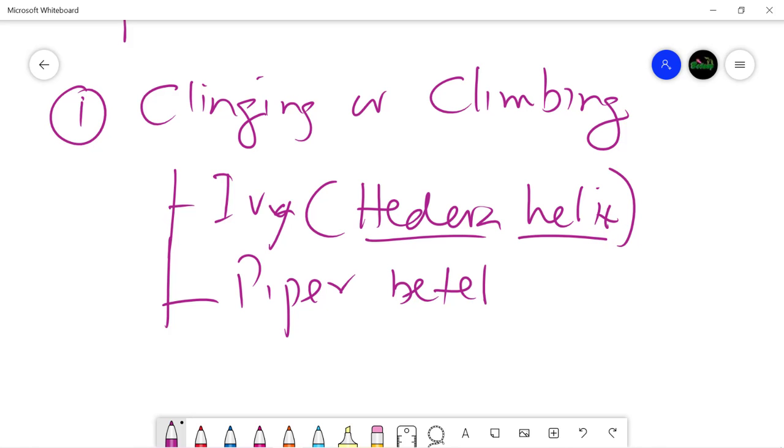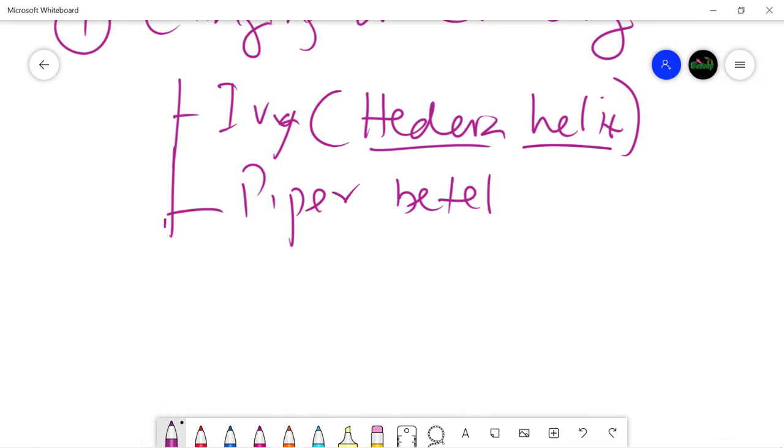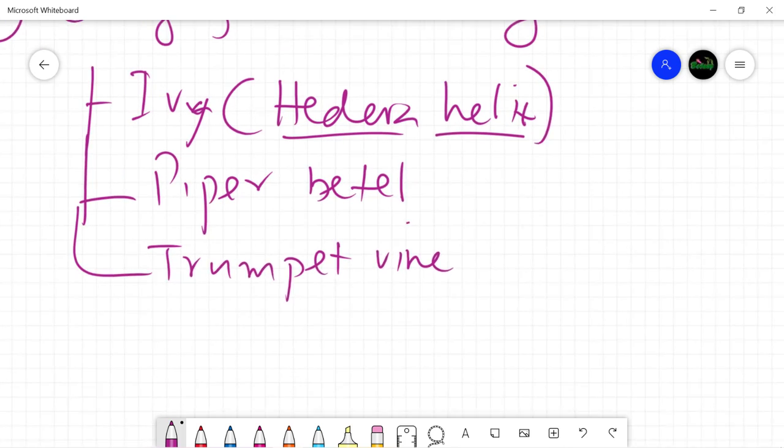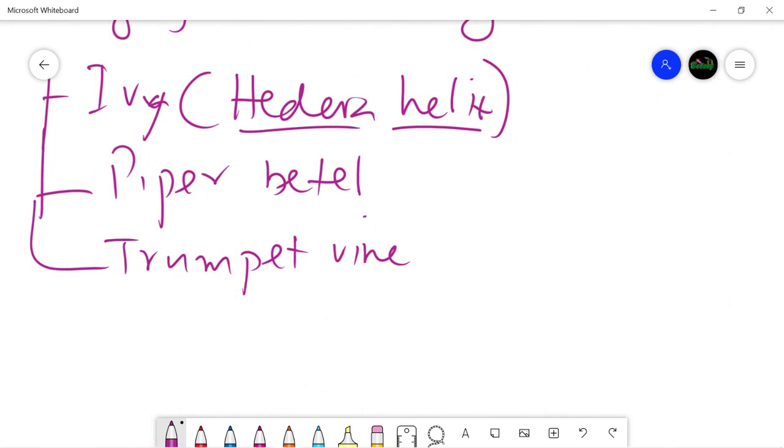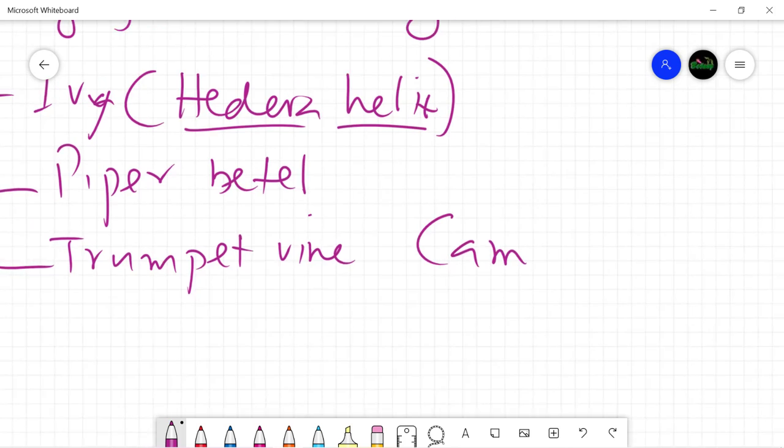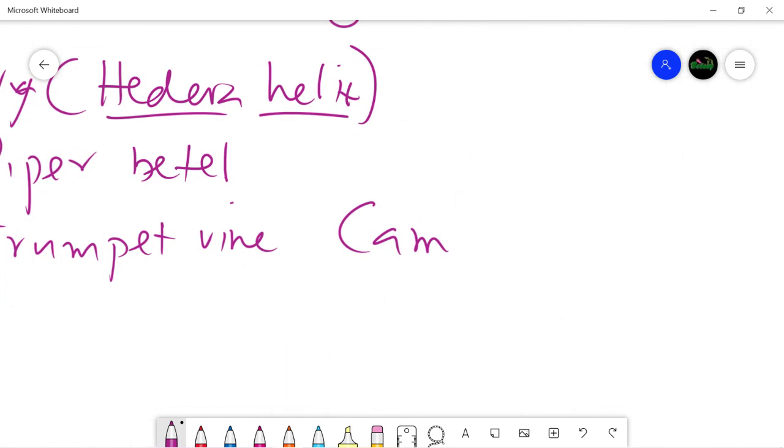One of the common plants in our area is the trumpet vine. Trumpet vine is Campsis radicans. It belongs to the Bignoniaceae family.